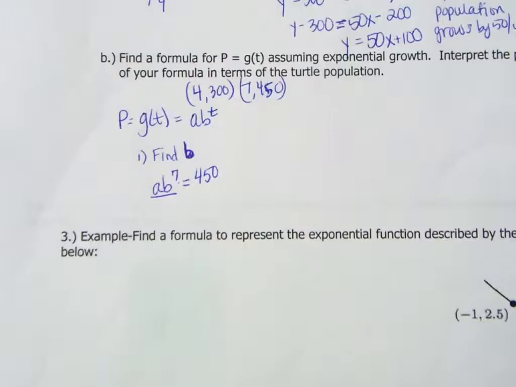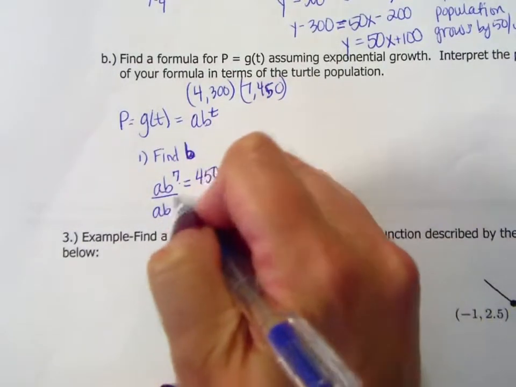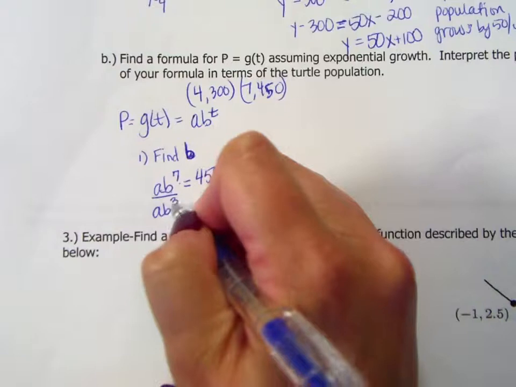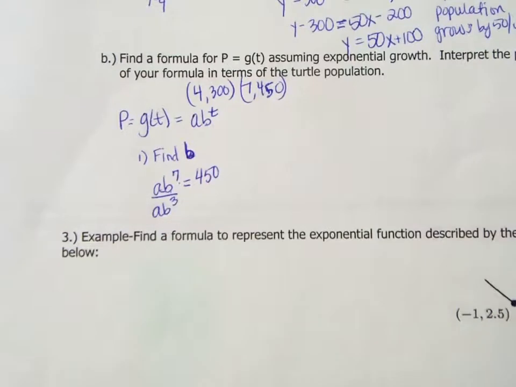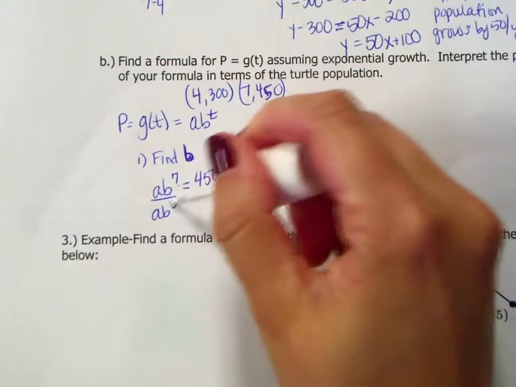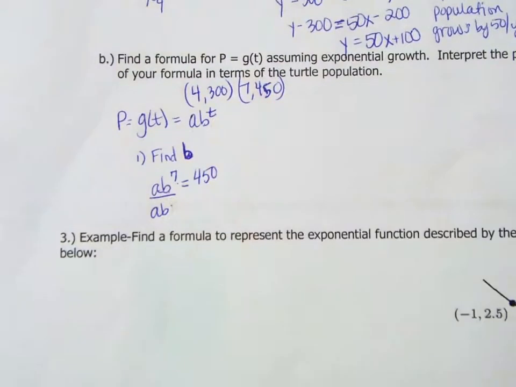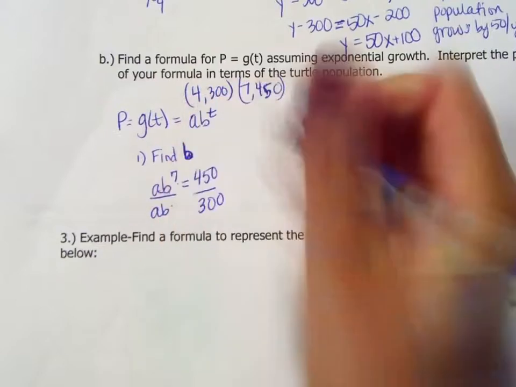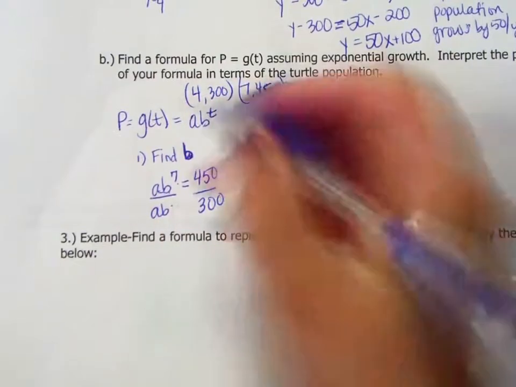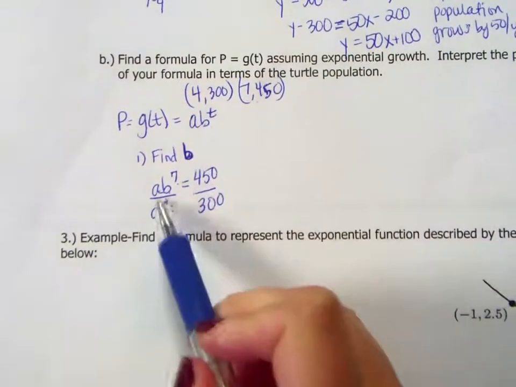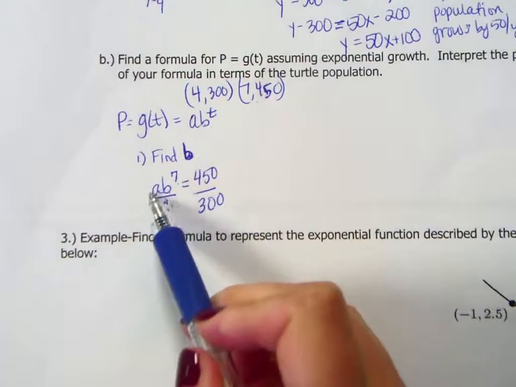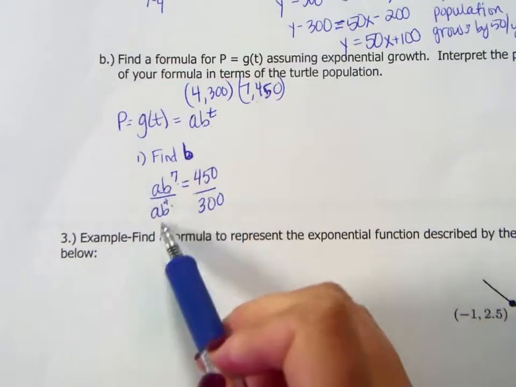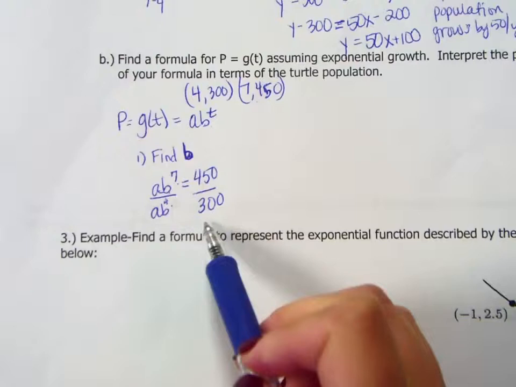Because I know that my ratio has to be the same, I'm going to say that a b to the 7th over a b to the 4th. I know a b to the 4th is how many turtles? 300. So I'm just using those two data points that we're given. I know that b to the 7th times whatever that a is, is 450, and b to the 4th times whatever that a is, is 300.